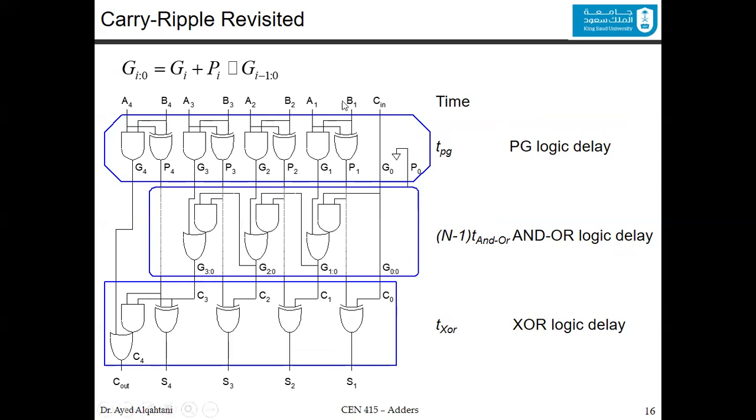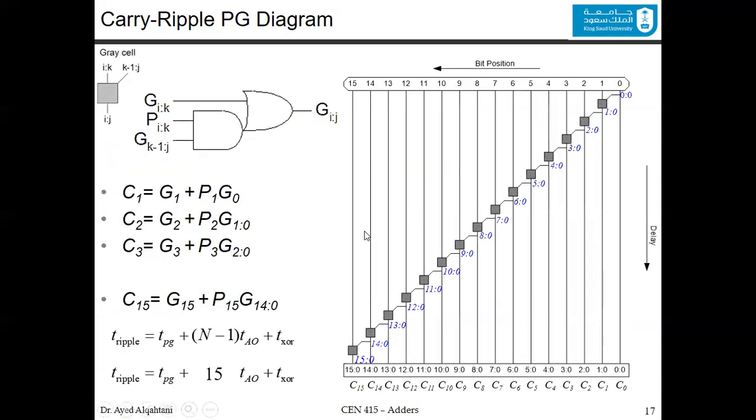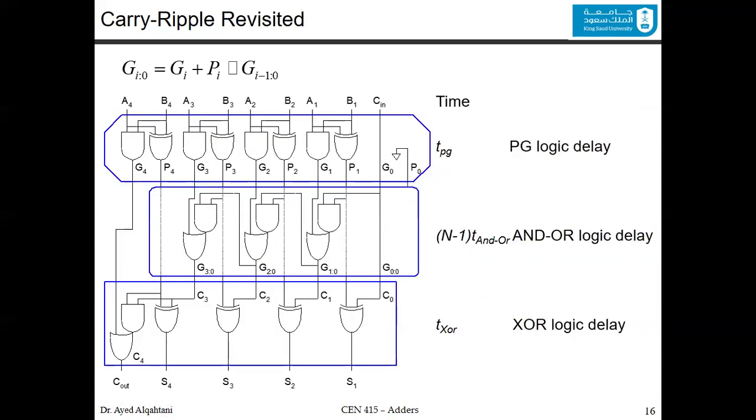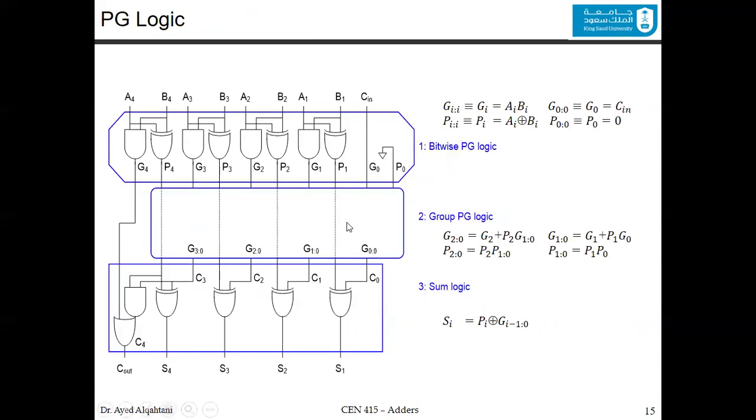In the carry ripple adder, we have the same idea that we told you, which is you try to find the group generation from 0 to that stage. So what happens is we apply the same rules. Let's do it here, and then we verify.